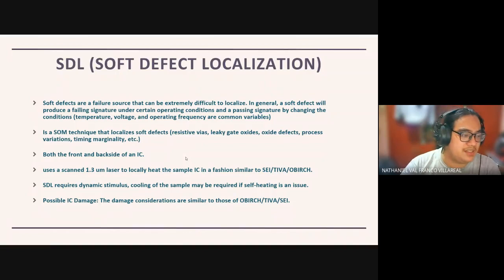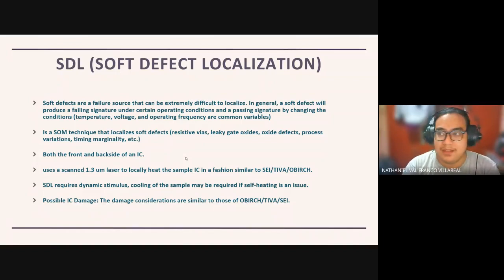So soft defects are defects that aren't as easily seen as many of the earlier ones that were discussed, because soft defects can only happen when certain parameters are reached.